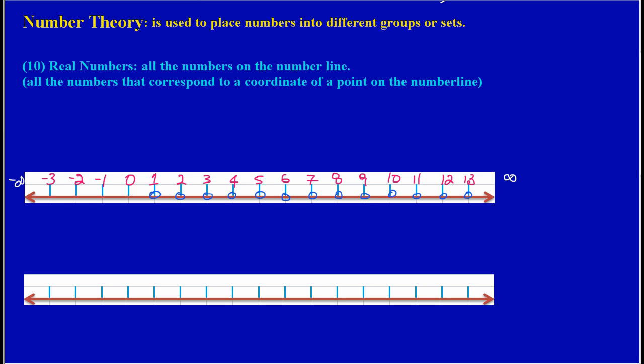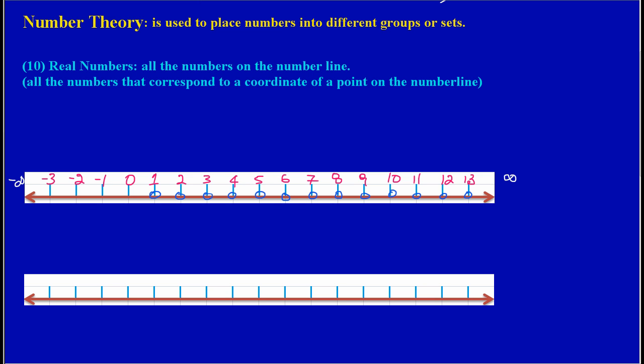But look carefully: after I circled 1, I skipped some values in between 1 and 2, and went straight to 2. Also, I skipped some numbers between 2 and 3 and went straight to 3. I'm basically jumping from 3 to 4, 4 to 5. So there are some values found in between that we skipped out.